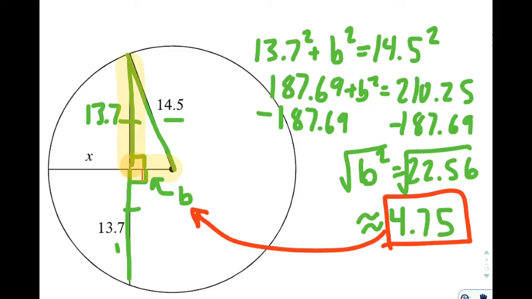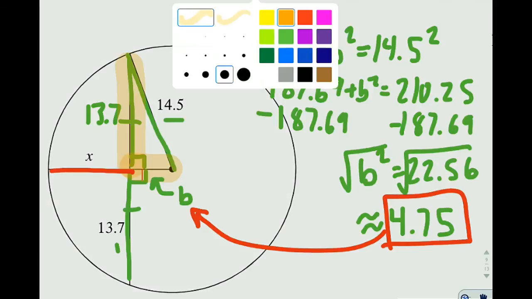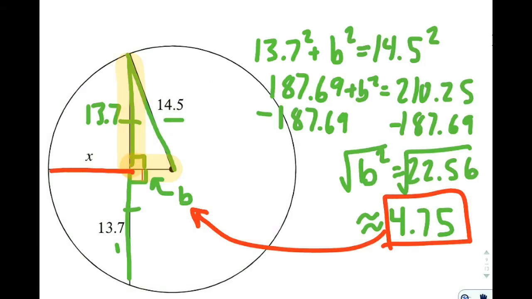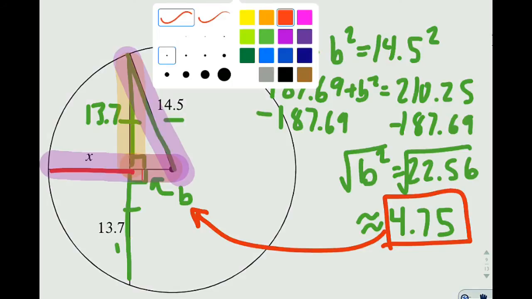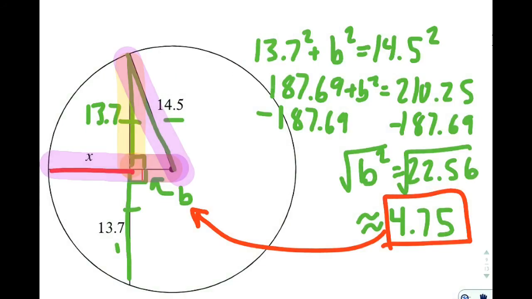The problem is that I want x. The only thing I can do is say, if I knew the whole length of it, I could subtract away that 4.75. If I knew the length of that whole piece, do I? Well, sure, it's going to be the same as the radius, because it is a radius. So it's 14.5. So the whole thing here is 14.5.